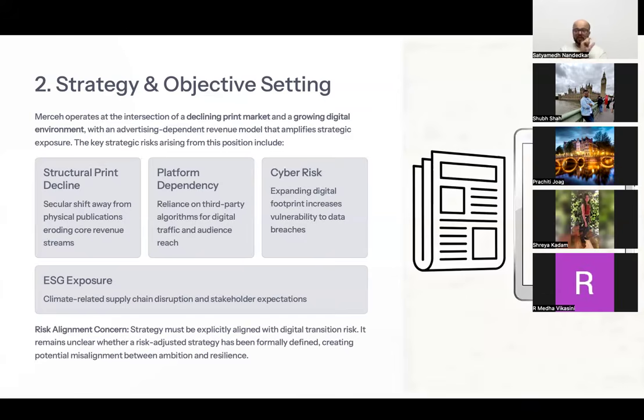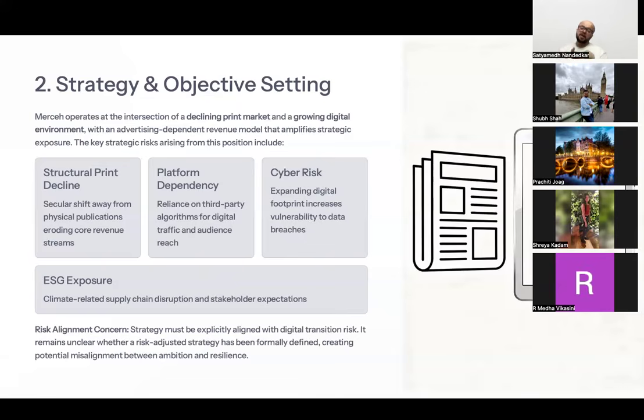Then from a risk perspective, COSO is a risk management enterprise-wide framework, right? There is platform dependency for the digital audience, and it increases the reliance on third-party algorithms. You are at their mercy. If they don't want to push your content, it will go down. Then increasing digital footprint increases vulnerability to data breaches.